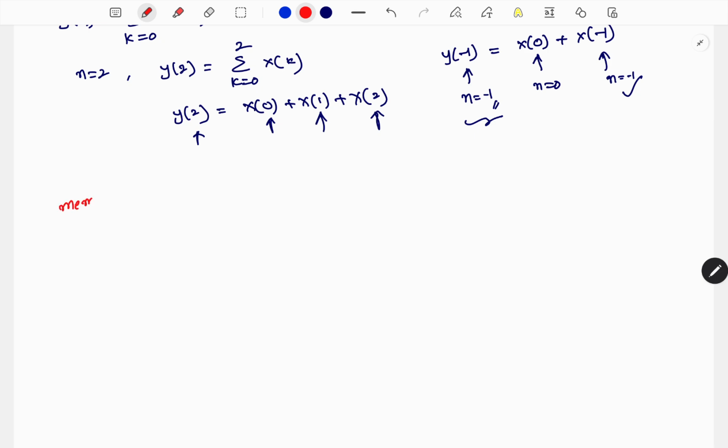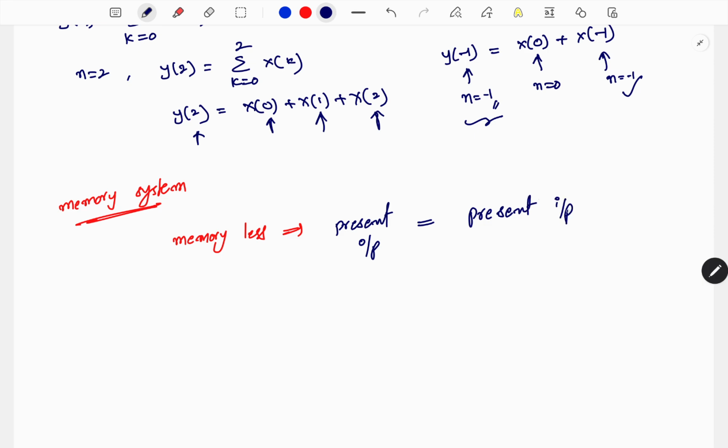A system is said to be a memoryless system if the present output depends only on the present input. Otherwise it is a memory system.